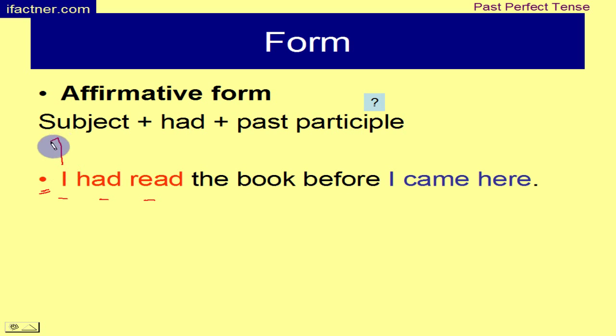I is the subject, had is the auxiliary verb, and read is the past participle of the main verb.